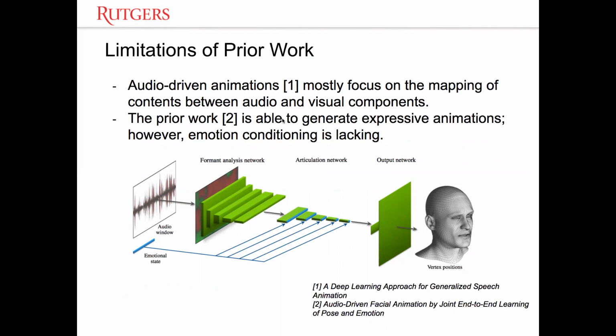The second one is able to generate kind of expressive animations, but it's hard to control the expressions. Either it's angry or it's happy, partly because their emotional latent code is not supervisedly learned.